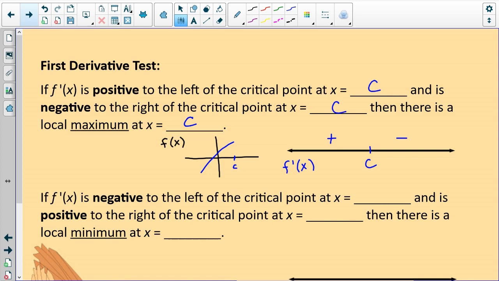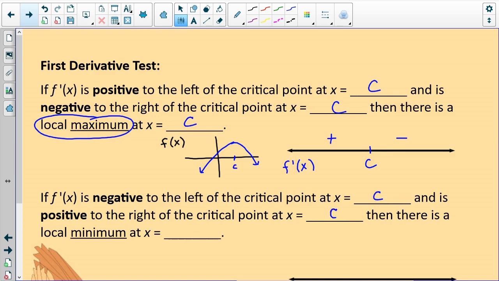It ceases to have positive slopes and starts to have negative slopes. We call this a local maximum. So we have a local maximum if the derivative is positive to the left and negative to the right of some point.